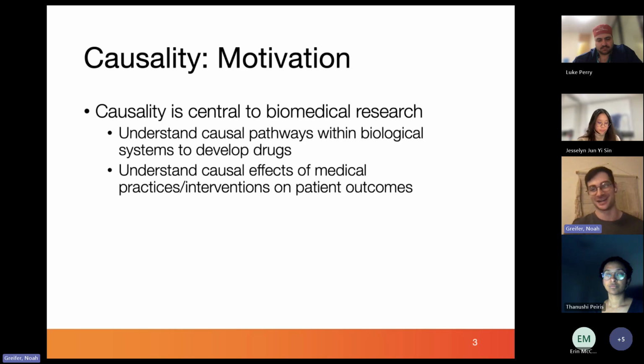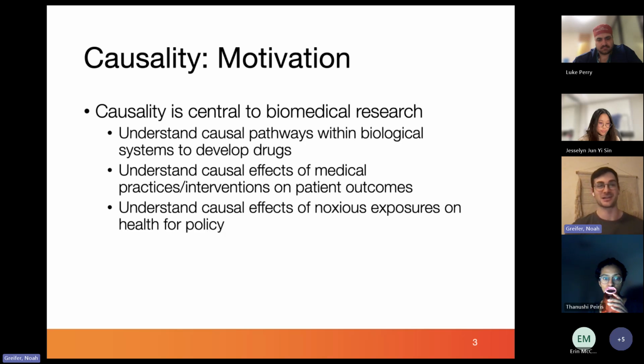It's used to understand the effects of medical practices or interventions on patient outcomes. It's used to understand the causal effects of noxious exposures like smoking or lead or air pollution on people's health, which is critical for implementing health policy.